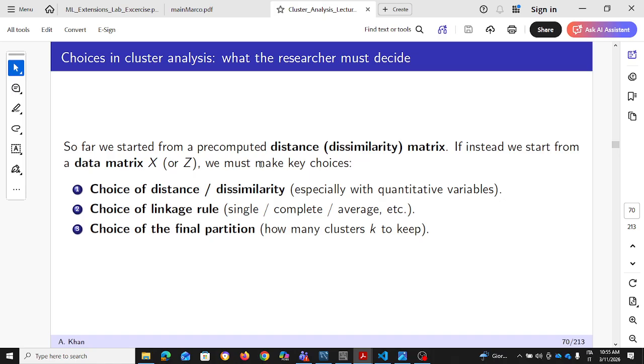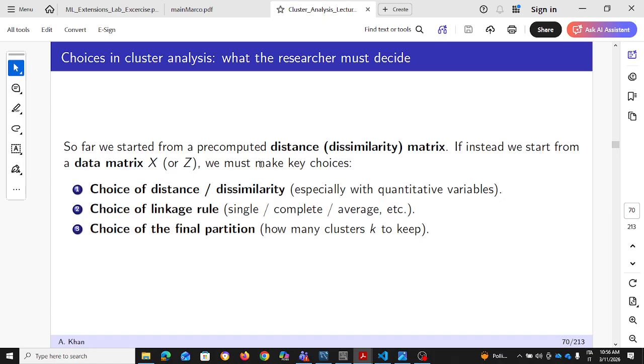So how do we go about this? We have to make some choices a priori before making our cluster decisions. Okay? And those are 3 choices we have to make before approaching the raw data set to make our clusters. They are the choice of the distance, which distance we want to use. Okay? The Euclidean distance, the Manhattan distance, or cosine similarity, or whatever. So this choice we have to make before.